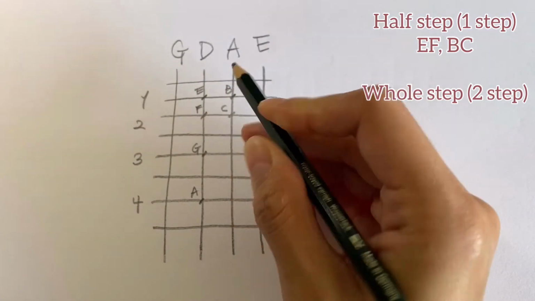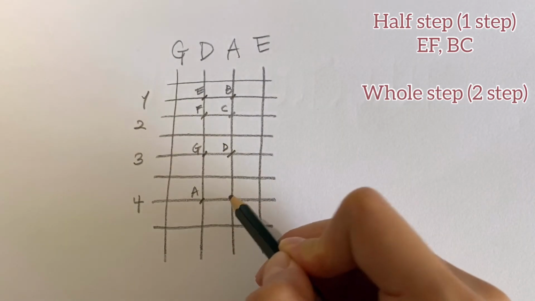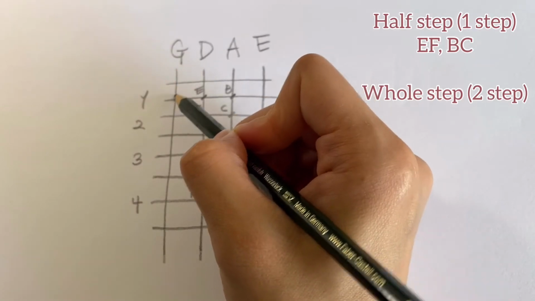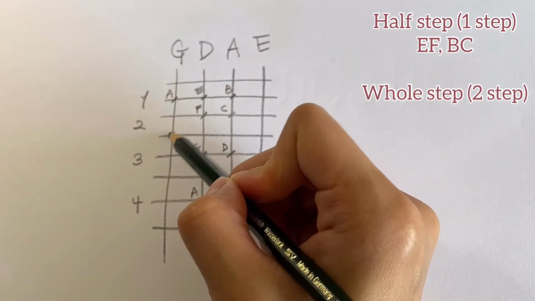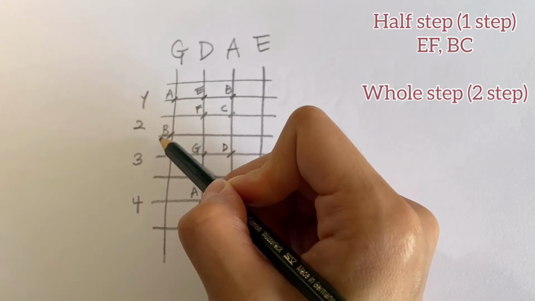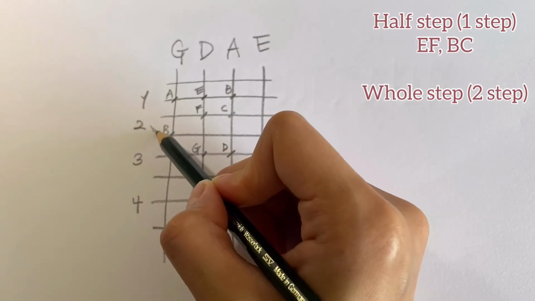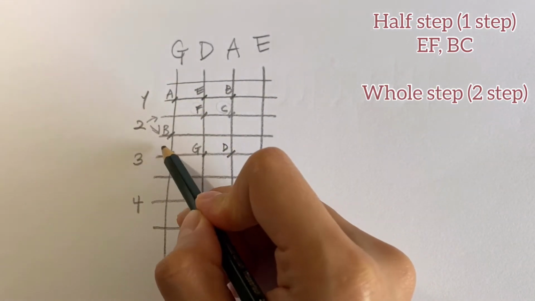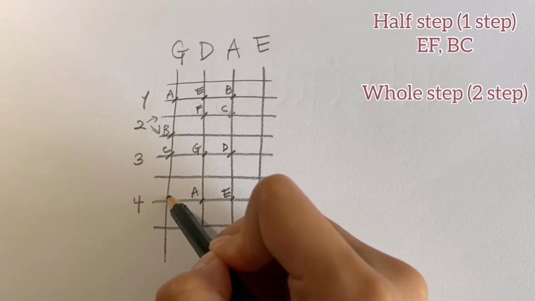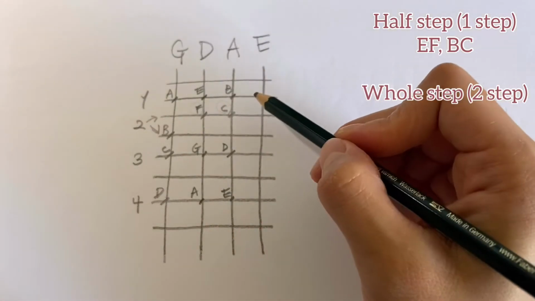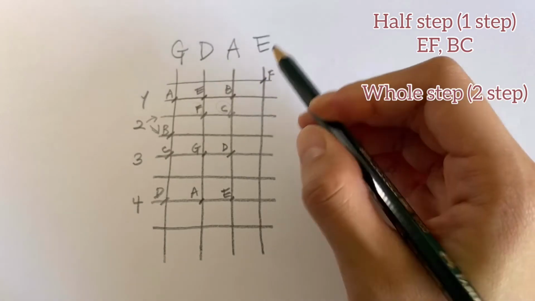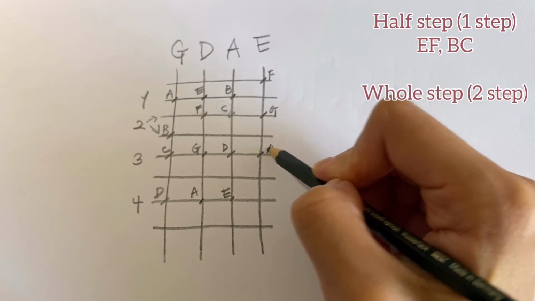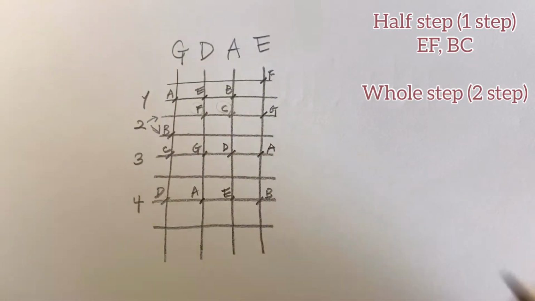On the A string, B, C, D, E. Next, on the G string, A is a whole step, B a whole step, second finger drops to play B, and F and C on the D and A strings. And C with the third finger, D with the pinky. On the E string, E and F is a half step, so only one step. F, G whole step, G and A whole step, A, B whole step.